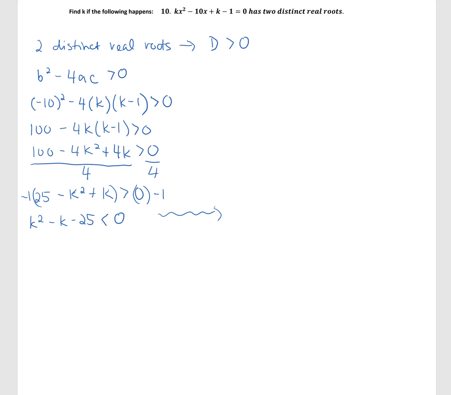So imagining this as a quadratic function, we have something kind of like this. You know it opens upwards because our k squared term is positive. And so we're looking for when this whole thing is less than 0. So that's this area here, below the x-axis, that we're interested in. Sorry, to label this better, x in this case is k.